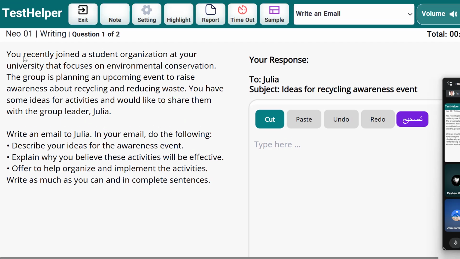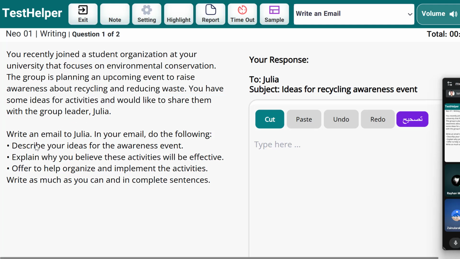If you see here, it says you recently joined a student organization at your university that focuses on environmental conservation. The group is planning an upcoming event to raise awareness about recycling and reducing waste. You have some ideas for activities and would like to share them with the group leader, Julia.